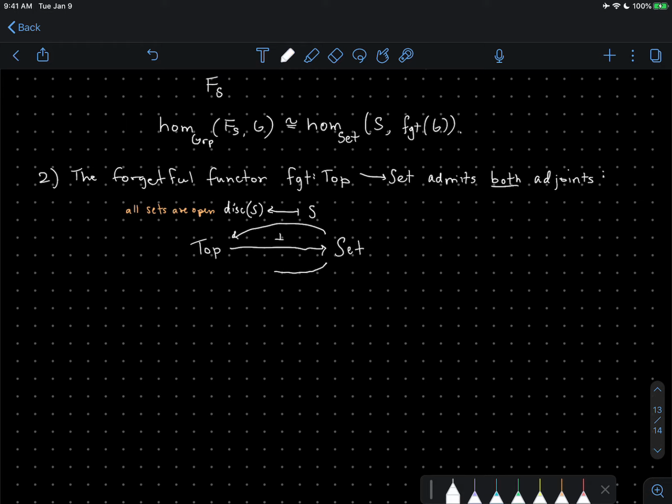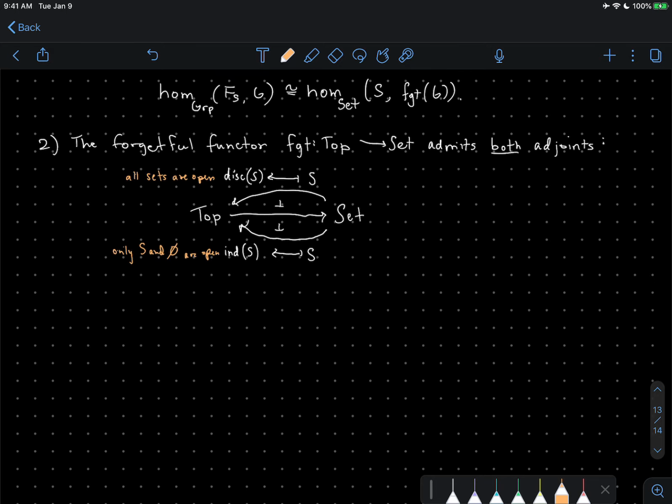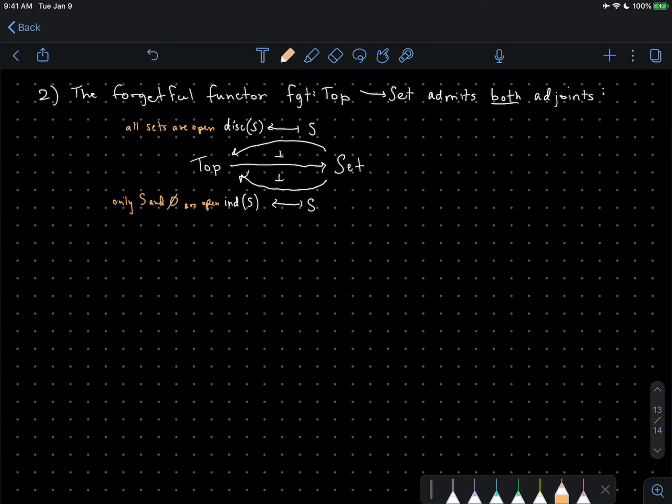The right adjoint takes a set S to the indiscrete topology on S. This is the topology where only S and the empty set are open. This is a great adjunction. A very important one. Okay.